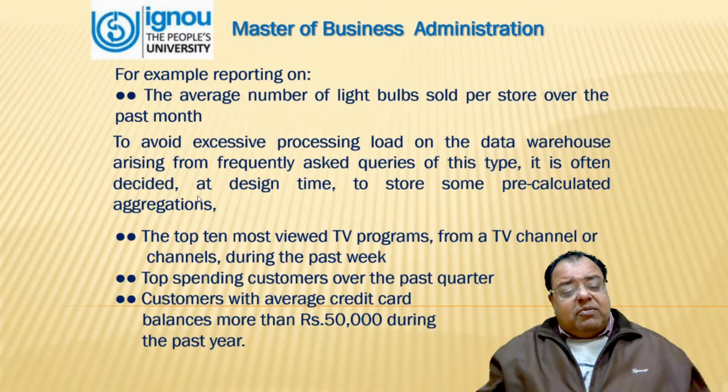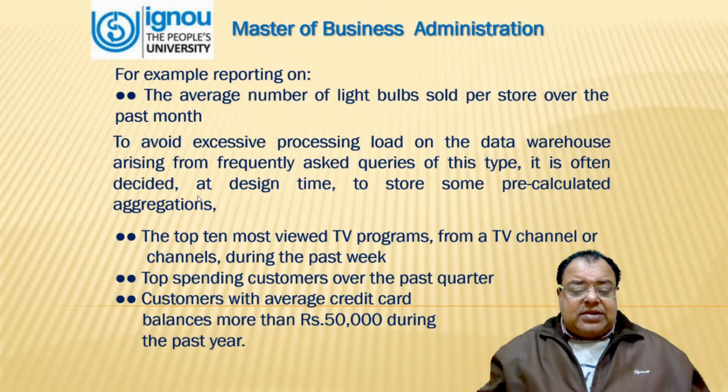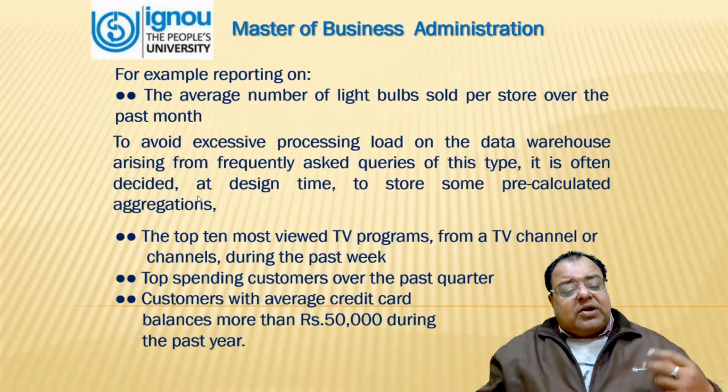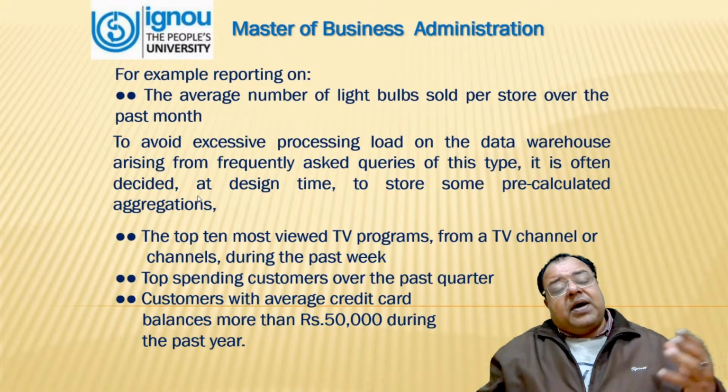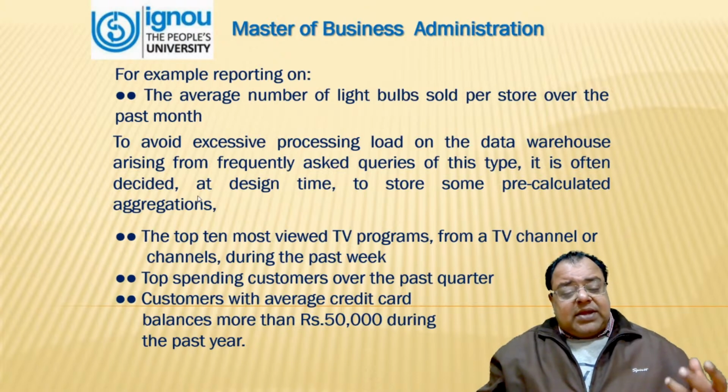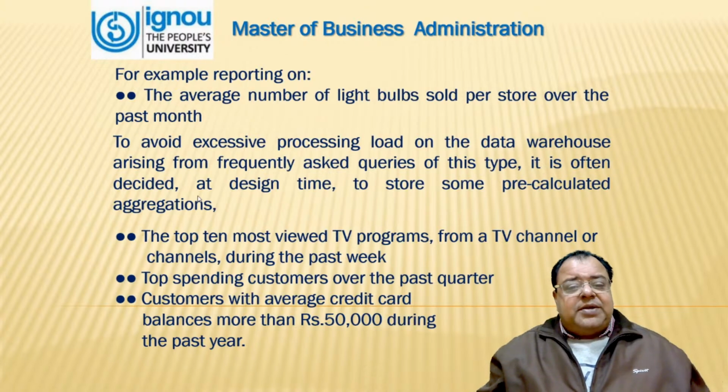The top 10 most viewed TV programs from a TV channel or channels during the past week, top spending customers over the past quarter, customers having an average credit card balance of more than 50,000 during the last year. These are some of the examples which need to be answered.